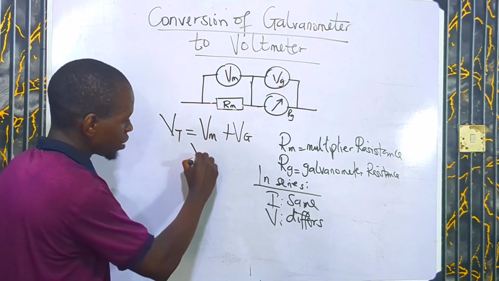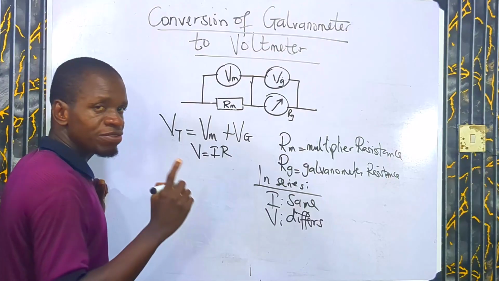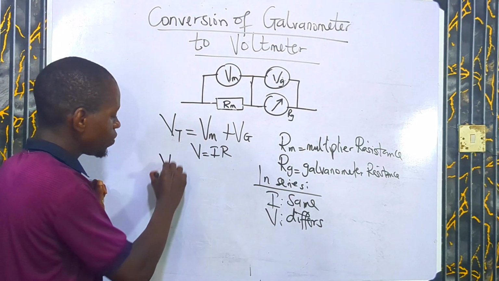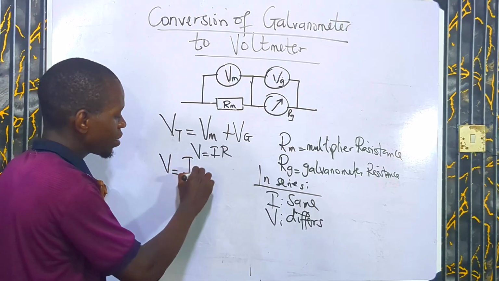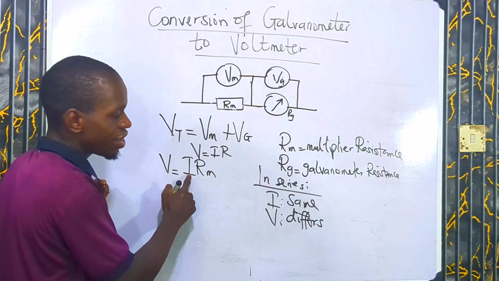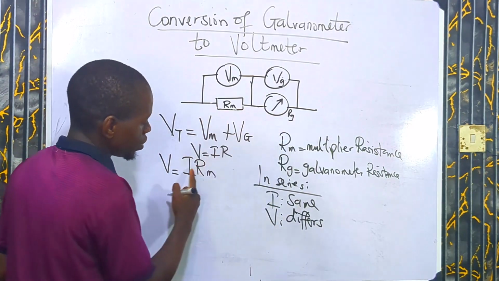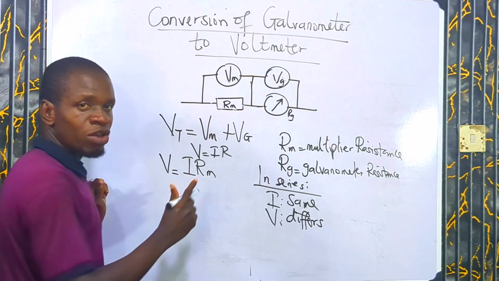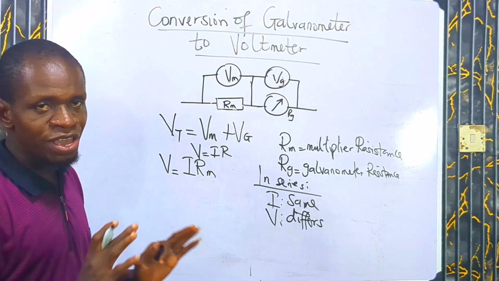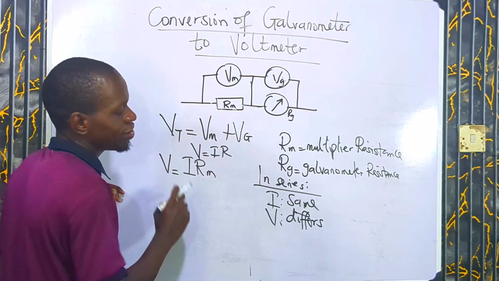Now, voltage across the multiplier, according to Ohm's law, remember Ohm's law? Ohm's law states that V equals IR. So what is going to be my Vm? Vm is going to be IRm. The reason I'm writing only I here is that, as I told you before, in a series connection the current is the same, so I'm not going to specify whether it is Im or Ig.